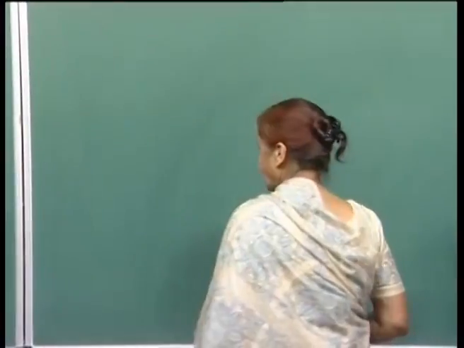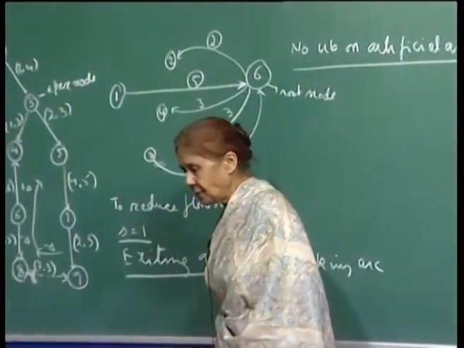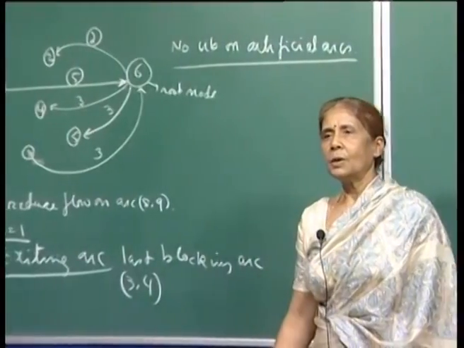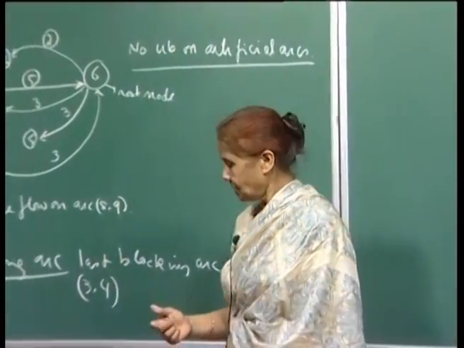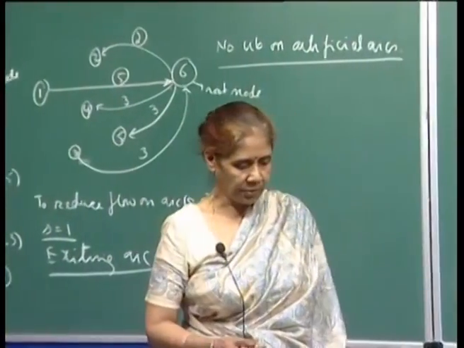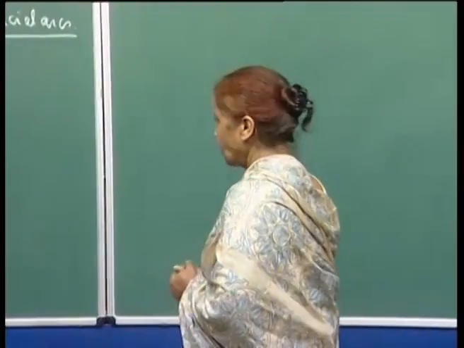It has been effectively shown that using a strongly feasible basis will avoid cycling. But again, stalling is a different problem, and there are methods to tackle stalling also. So, that should take care of your min cost flow problem.